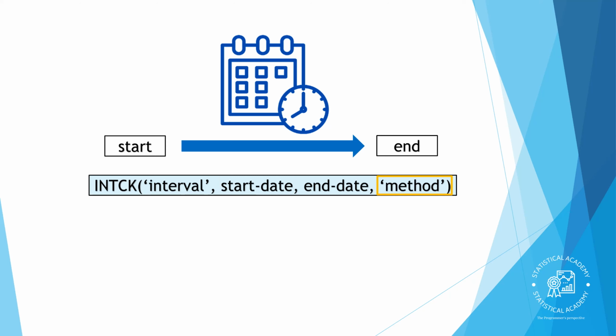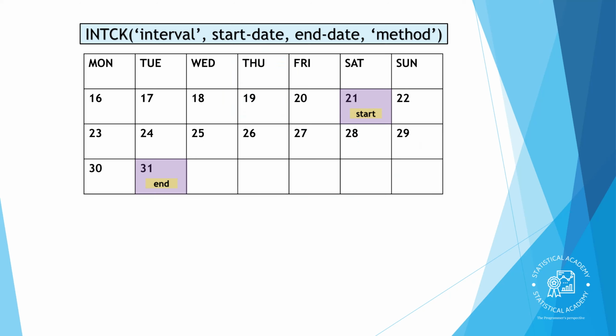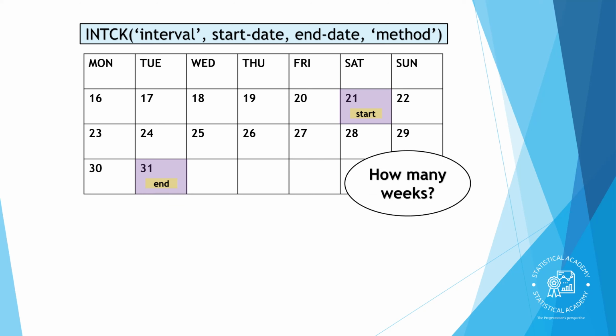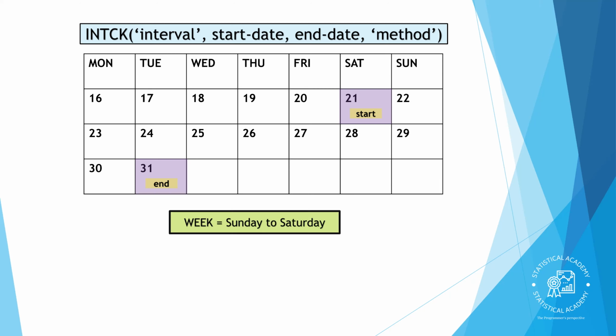Let's look at a start and end date that began on the 21st of July and ended on the 31st of July. Let's consider these dates on a calendar. How many weeks passed between these two dates? It depends on when one week ends and the next week begins. One option is to count the number of standard interval boundaries that occur between the dates.